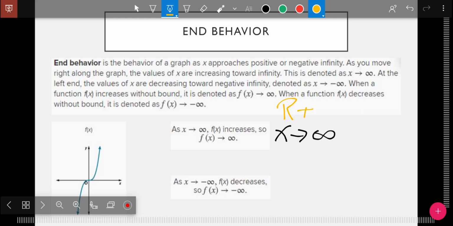As x approaches positive infinity, well, bigger and bigger numbers go farther and further right on the x-axis. As x approaches positive infinity, f of x approaches positive infinity. And remember, f of x stands for y, so this is just a fancy way of saying up.